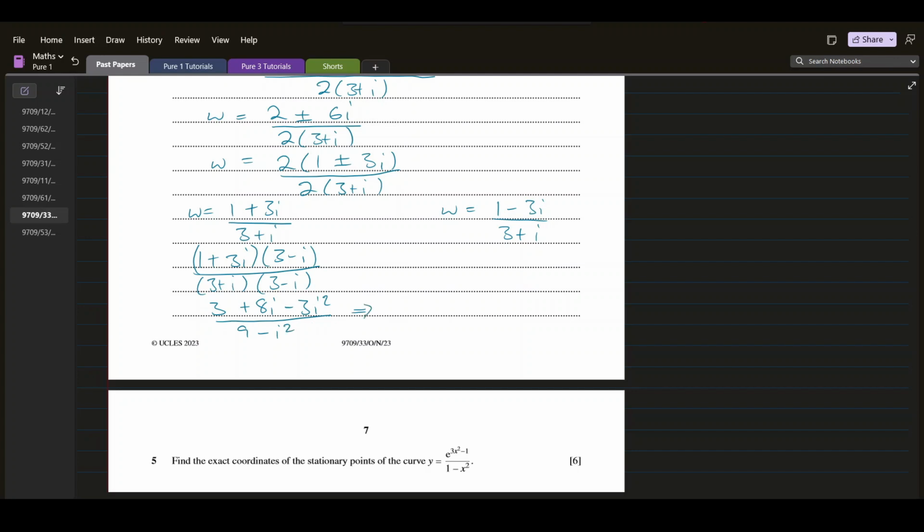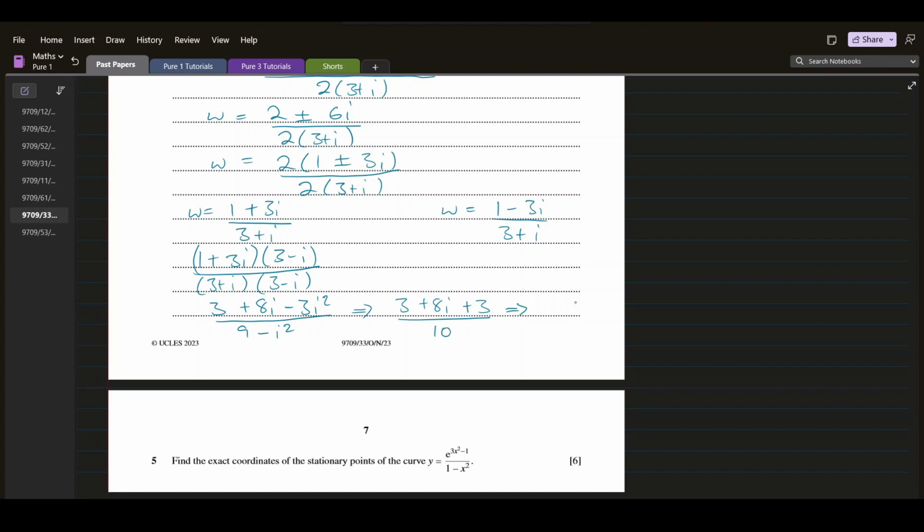And this will simplify to give, we know that i squared is negative 1, so that will become 3 plus 8i, minus 3 times negative 1 gives us positive 3. And this is over 9 minus i squared. i squared is negative 1, so 9 plus 1 on the denominator, which is 10.